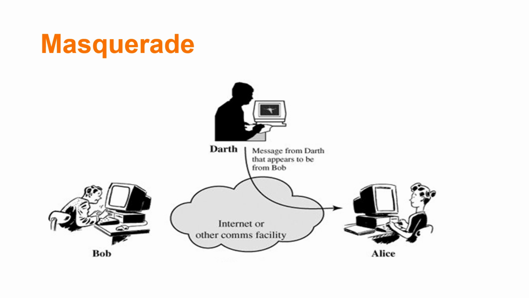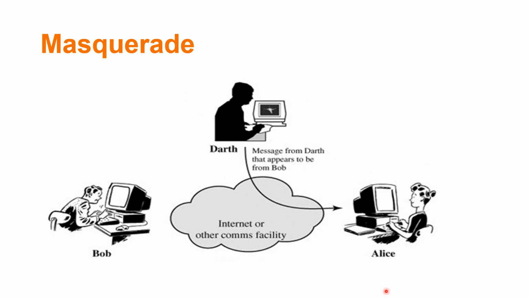It has been depicted clearly in this diagram. Bob and Alice are the authorized persons to communicate. But here Darth is forging lies, saying that he is Bob and sending messages. So using the identity of Bob, Darth is forging lies. Alice is unaware of this Darth.